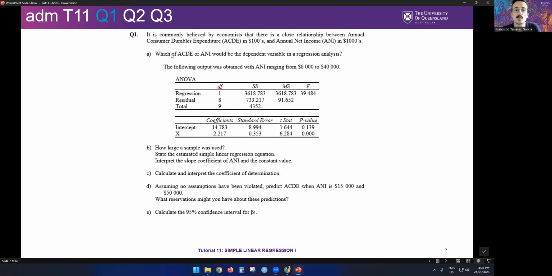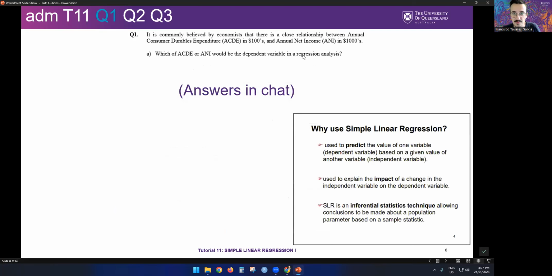So first, which of the ACDE and ANI would be the dependent variable in a regression analysis? Can I have you guys put on chat which of these two you think would be the dependent variable? And then the other one would be the independent.